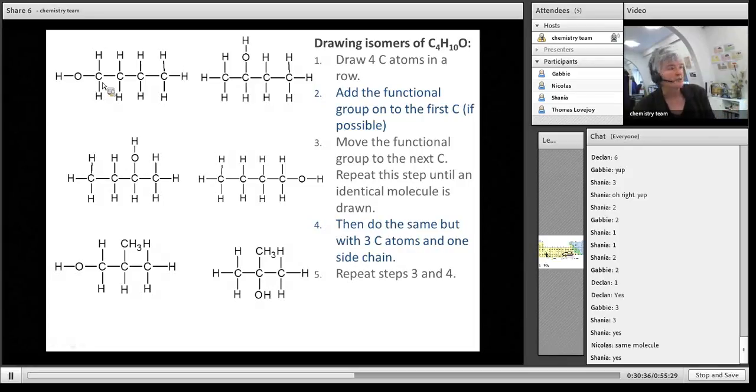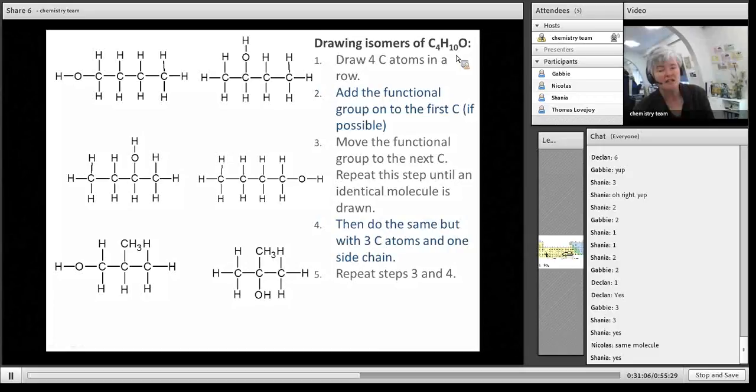Right, so this first one: if you were asked to draw C4H10O isomers, start by drawing the 4 carbons in a row. 1, 2, 3, 4. Then you add the functional group, and with the O, it's OH. This we know, by the way, from our formula. Does this have only single bonds, double bonds, or triple bonds?